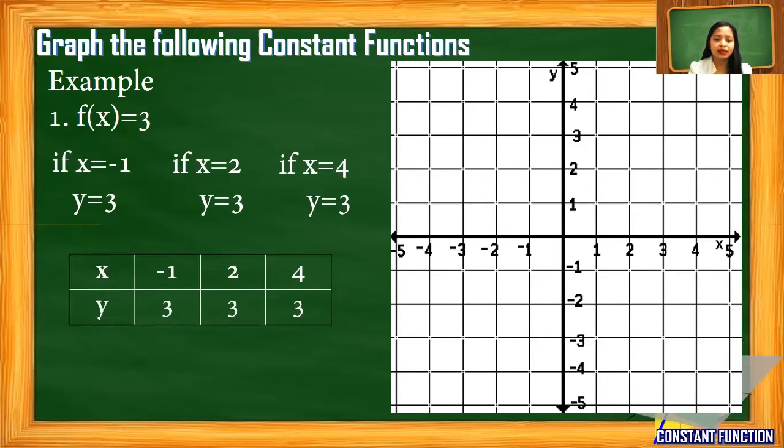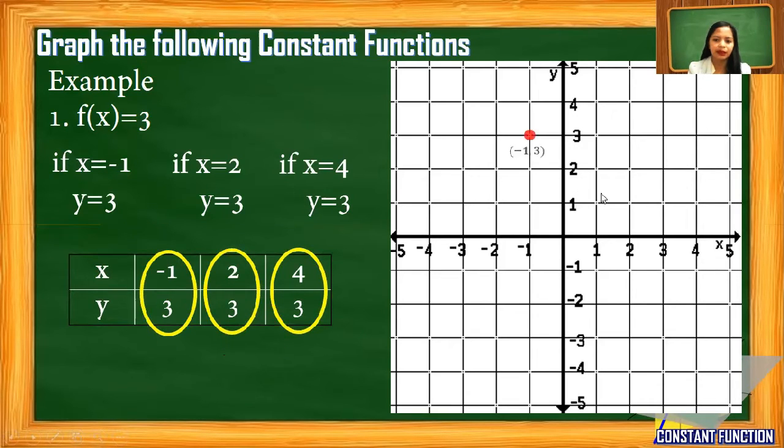Now, let us put these in a table of ordered pairs so that we can easily get the points for our Cartesian coordinate plane. We have three ordered pairs: negative 1 and 3, 2 and 3, 4 and 3. Let's start by plotting negative 1 and 3. Here x is negative 1 and y is 3.